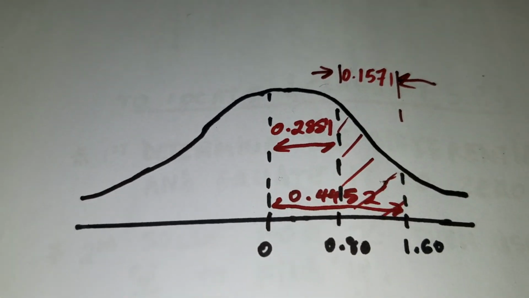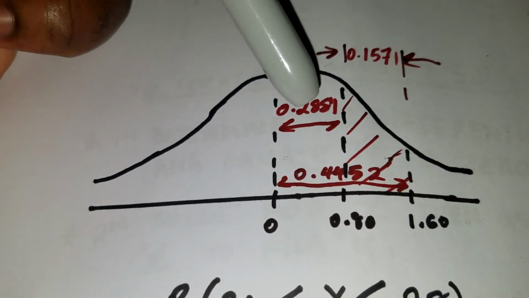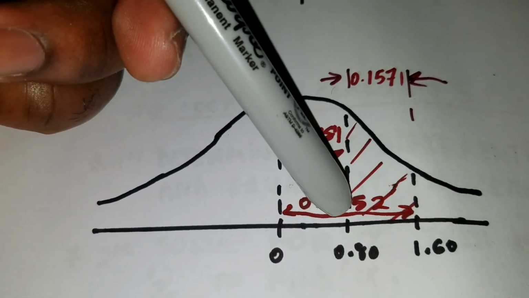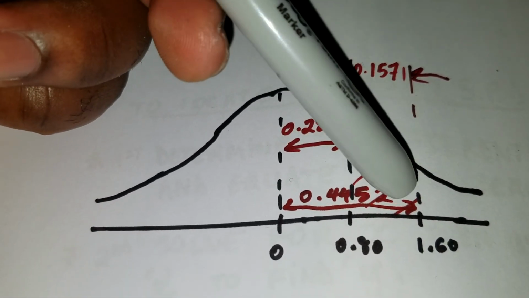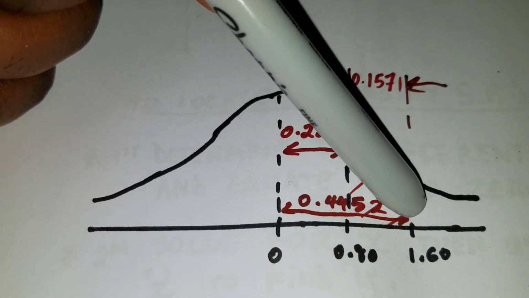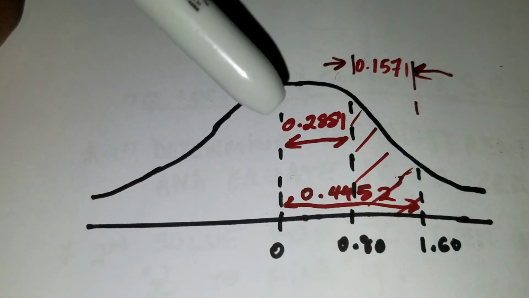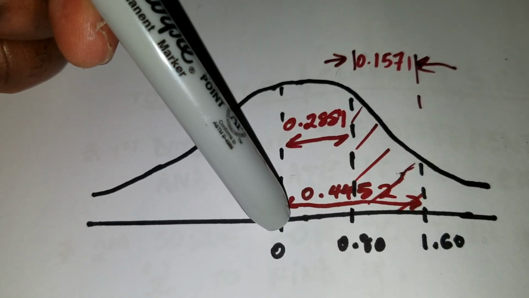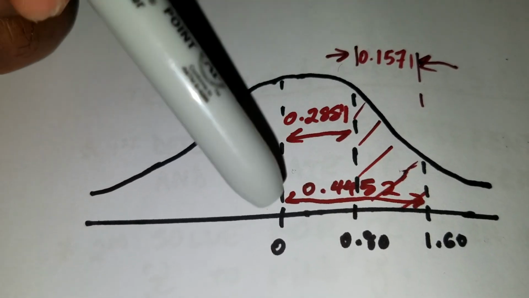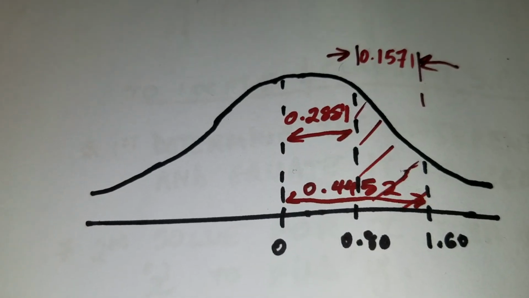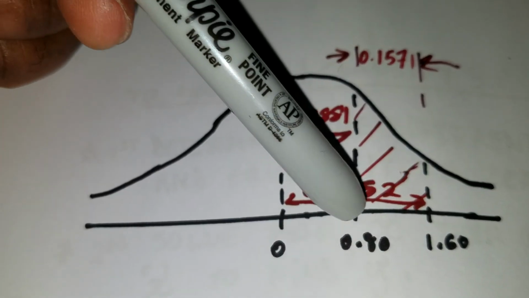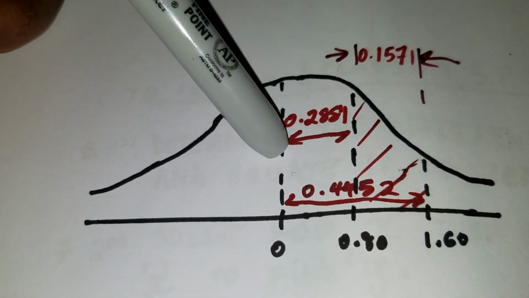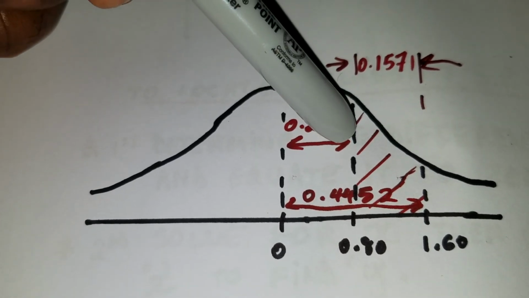On the normal curve, the mean is represented by 0, 24 is represented by 0.8, and 28 is represented by 1.6. And remember, we always read from 0 to the z-score. So the probability for 0.8 is 0.2881, from 0 to 0.8.